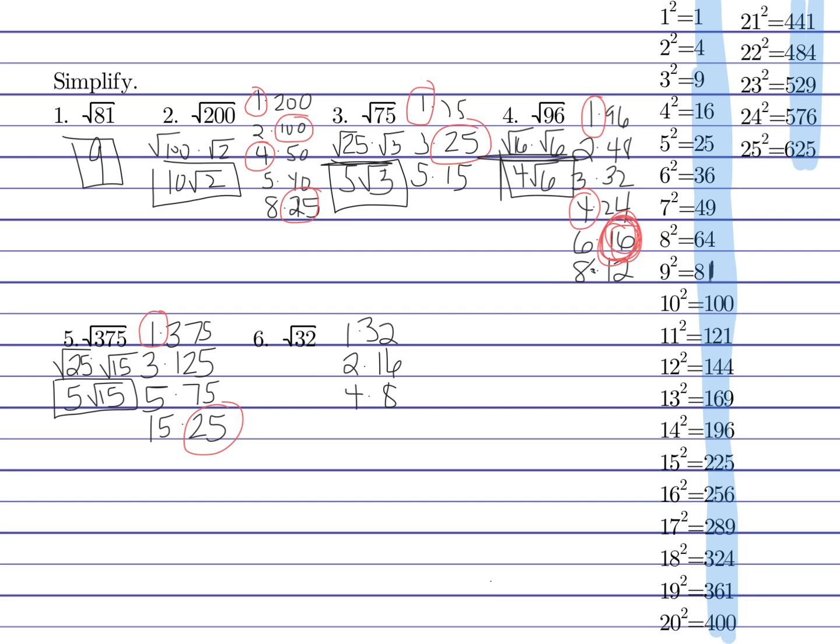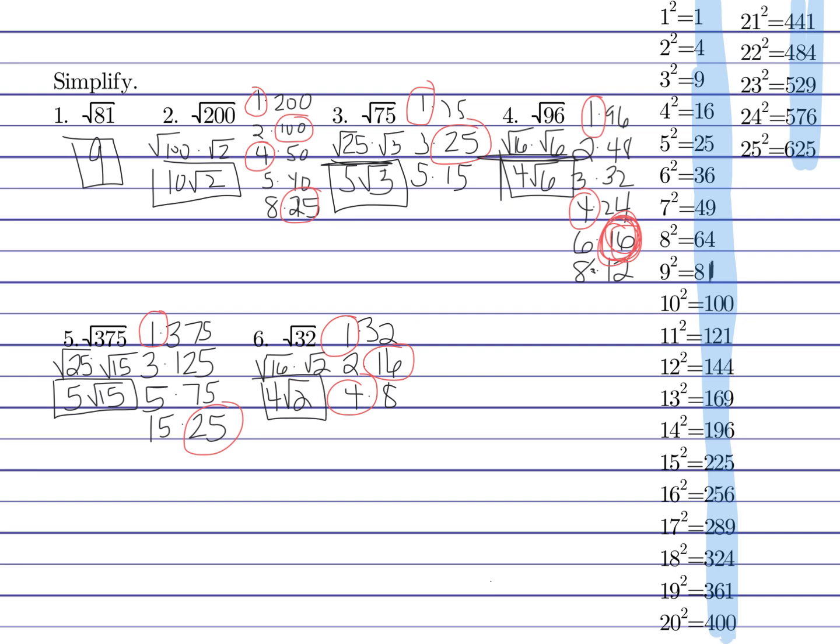And then I'm going to circle my perfect squares. 1, 16, and 4. The biggest perfect square is 16. So I'm going to rewrite the square root of 32 as the square root of 16 times the square root of 2. The square root of 16 is 4 times the square root of 2.